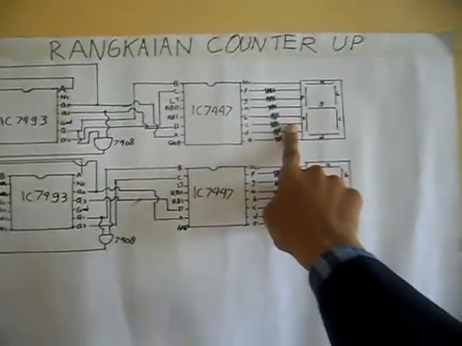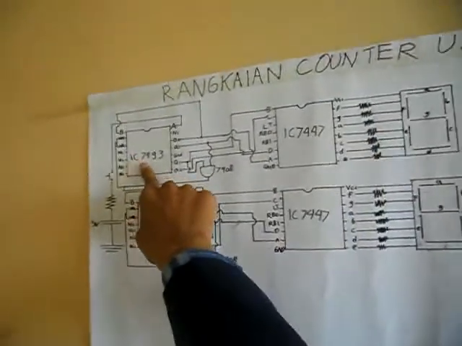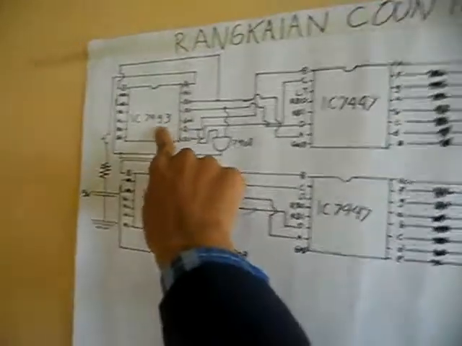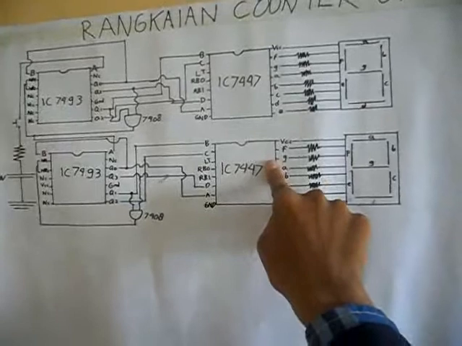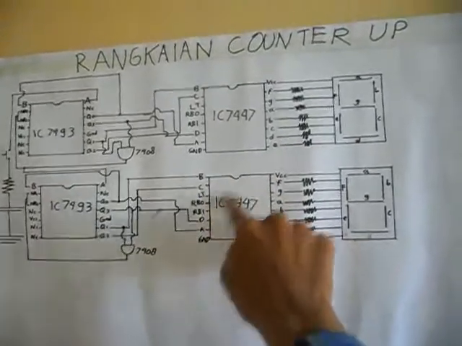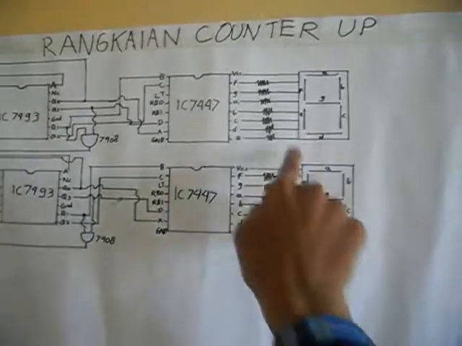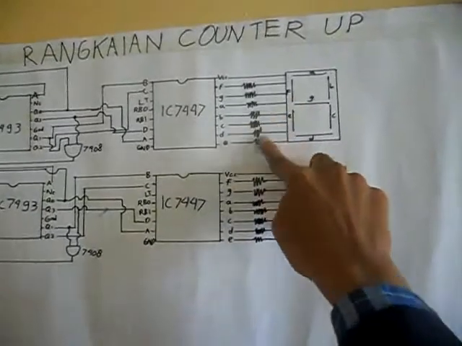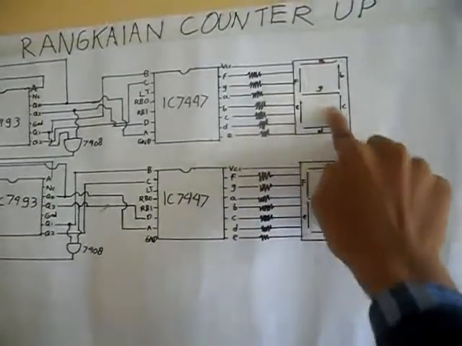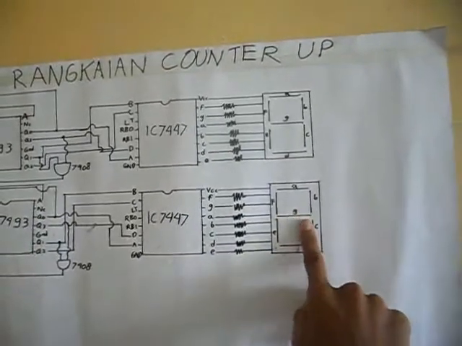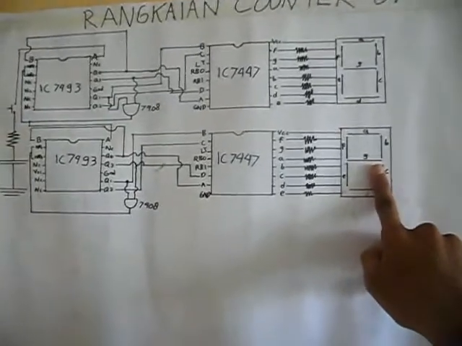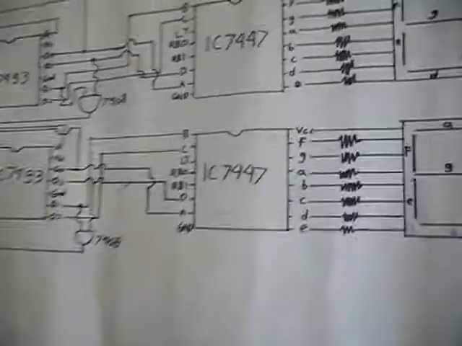The output of IC 7493 will be forwarded to IC 7447 to power the 7 segment LED and produce the number. After that, we will practice with the actual series as follows.